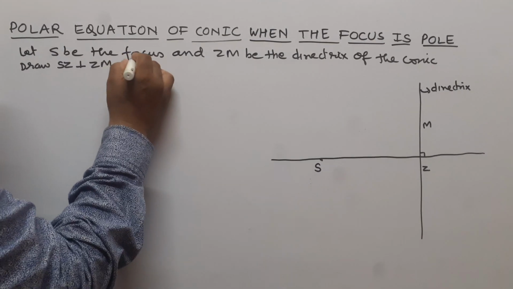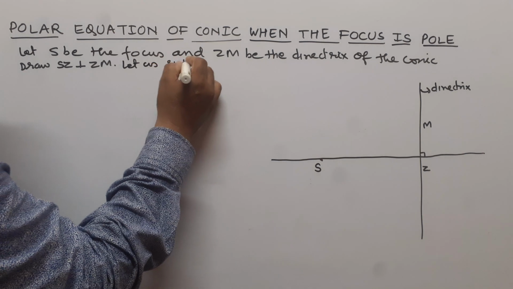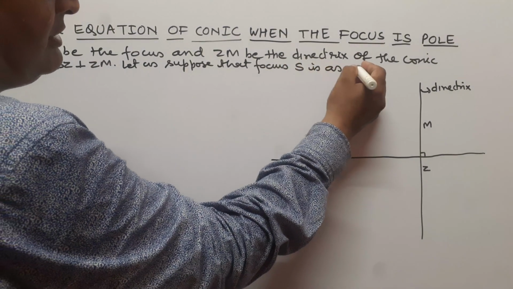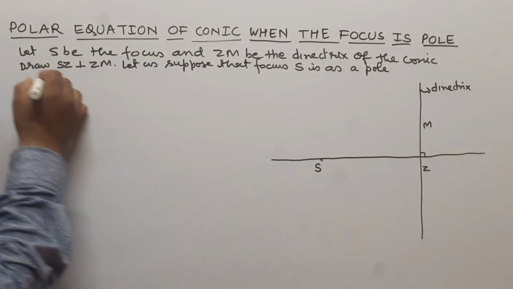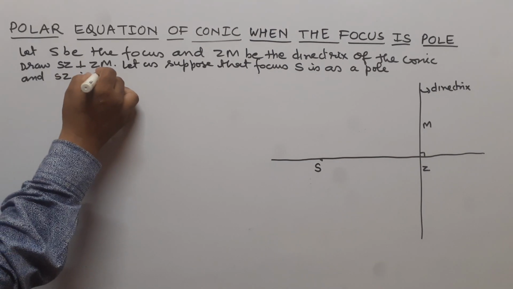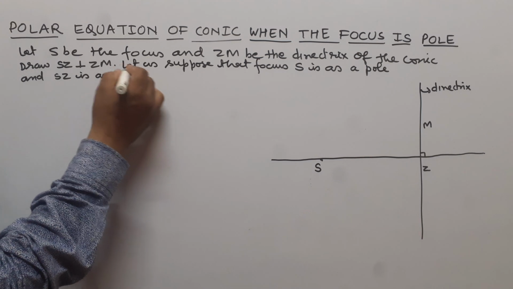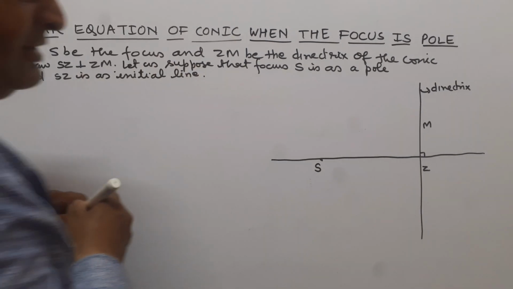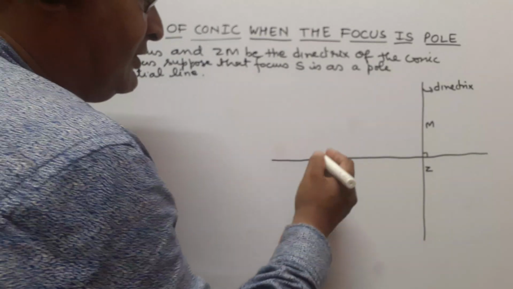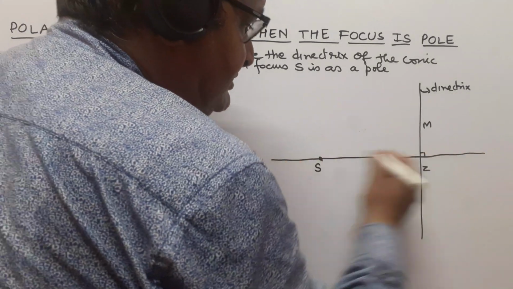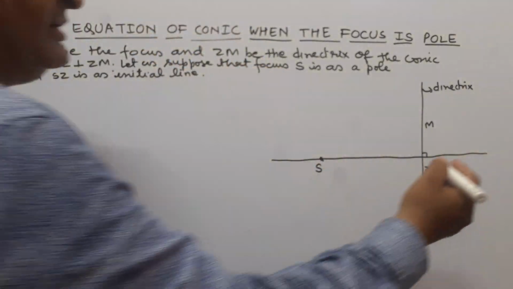Now let us suppose that focus S is as a pole and SZ is as initial line. You can see here this S is the focus, which is also the pole, and this SZ line is the initial line.